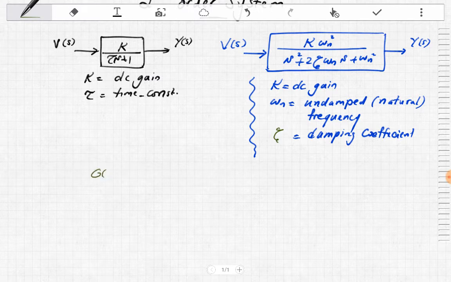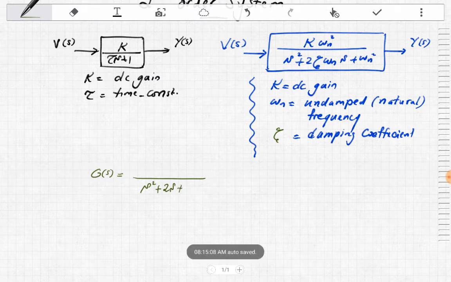Let's write the transfer function, something like that: S square plus 2 S plus 5, and let's say that we have here 15 in the numerator. So let's find omega n, K, and eta.